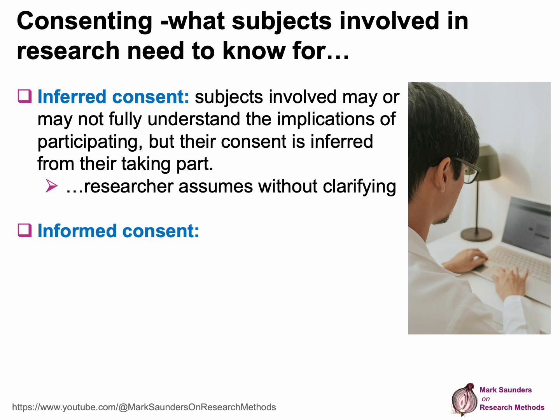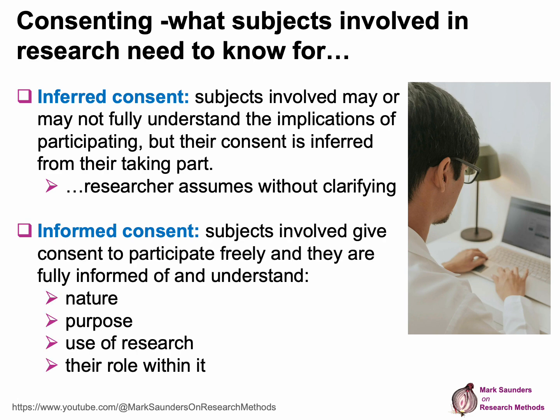And what we've done here as a researcher is assume they've consented without actually clarifying whether or not they have. With informed consent, our research subjects give their consent to participate freely, and they're fully informed and understand about the research before they actually give their consent. So they know the nature of the research, the purpose of research, how the research data is going to be used, and crucially, their role within it, and the fact that they can withdraw at any time.